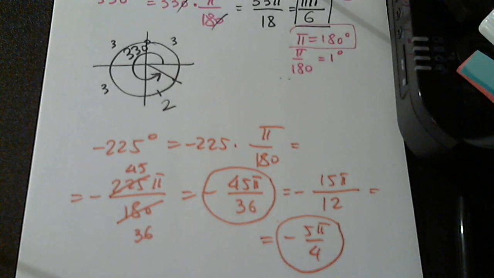Good. Anything else? Before we move on to two formulas, the arc length and the area of a circular sector, do we need to work on anything else? Do we need to convert any radians into degrees?